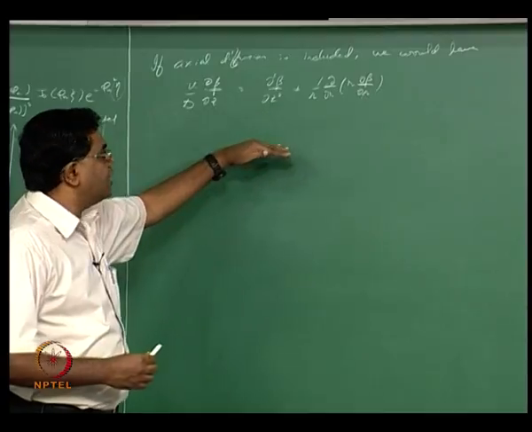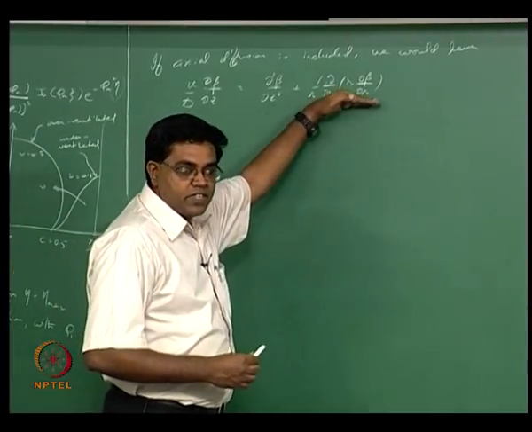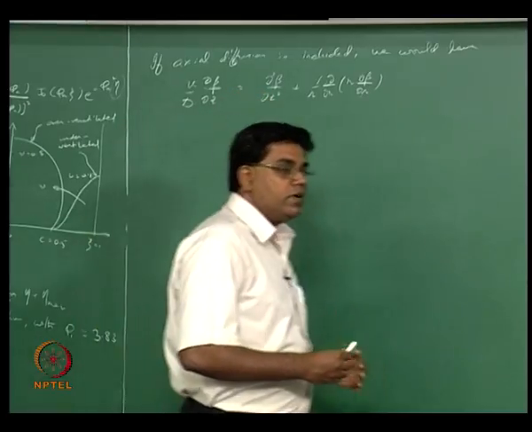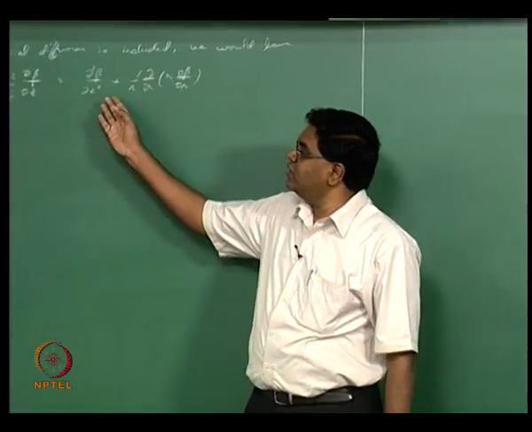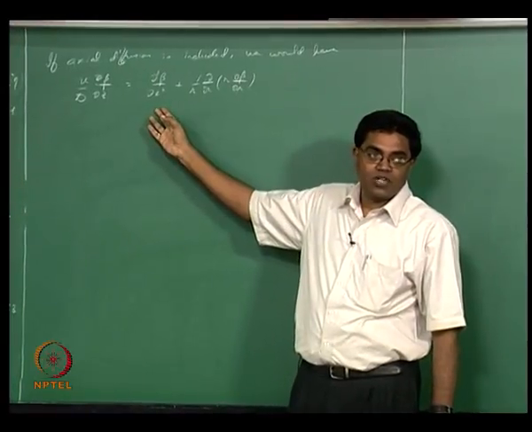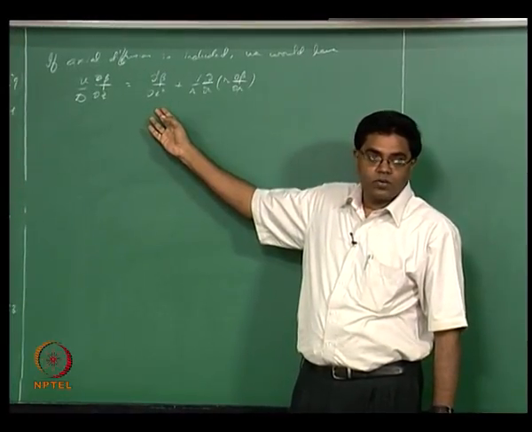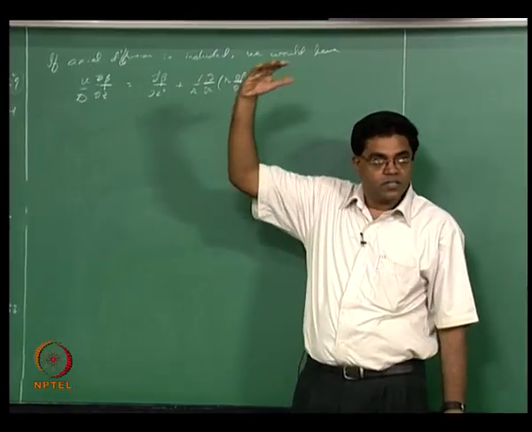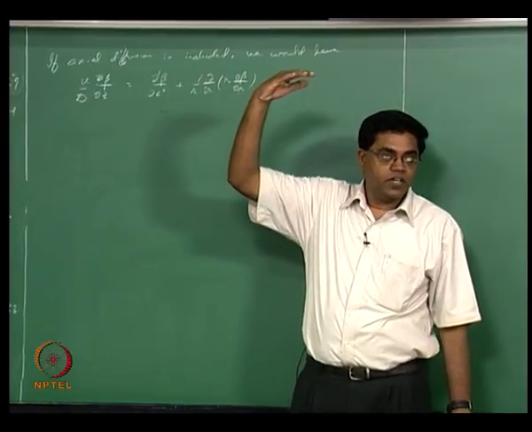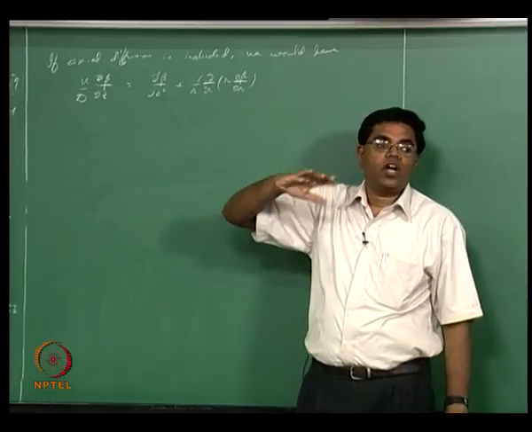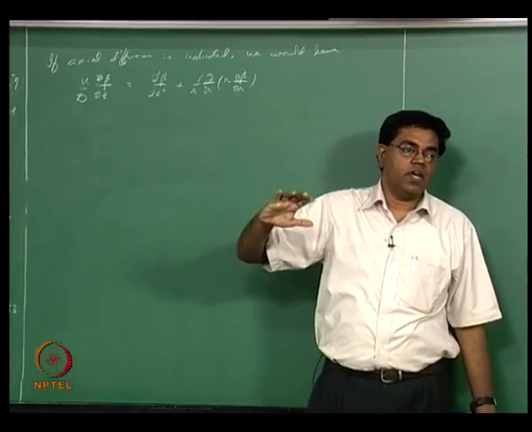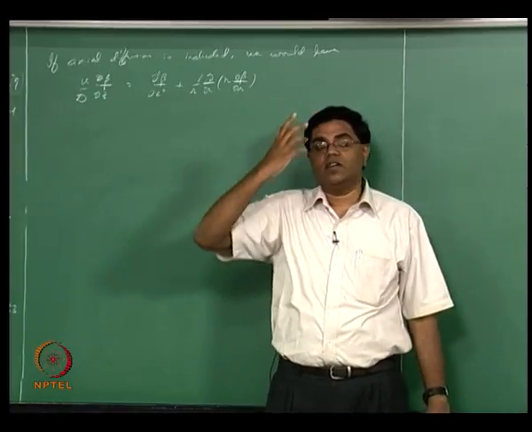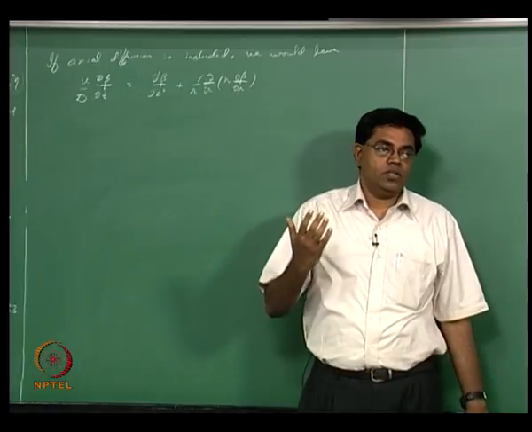We already had two boundary conditions in derivatives here, and if this admits boundary conditions in derivative, that means you can specify dou beta by dou z at z equal to 0, and or dou beta by dou z at z equals infinity, then you don't have a unique solution, because you are supplying Neumann boundary conditions everywhere. Therefore you need to supply a Dirichlet boundary condition somewhere.